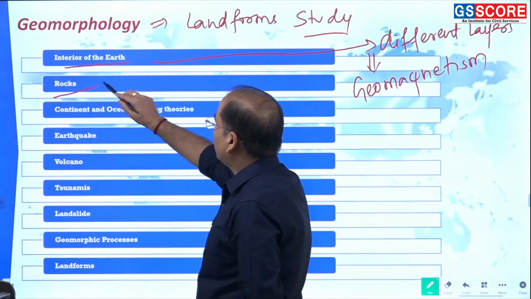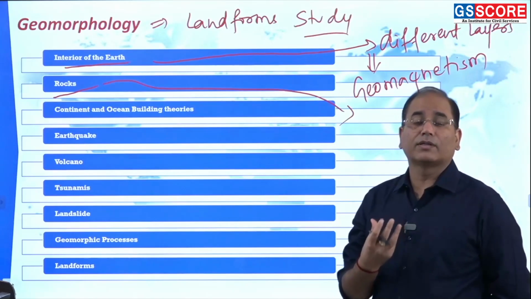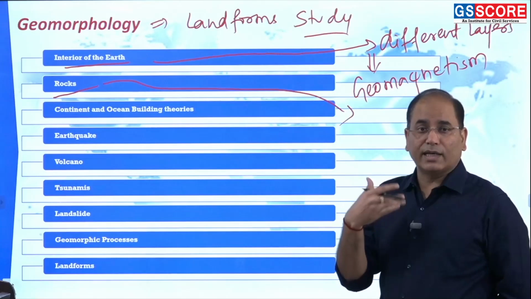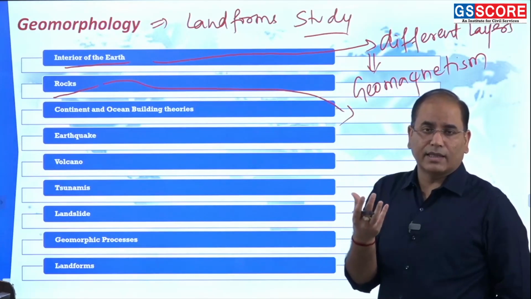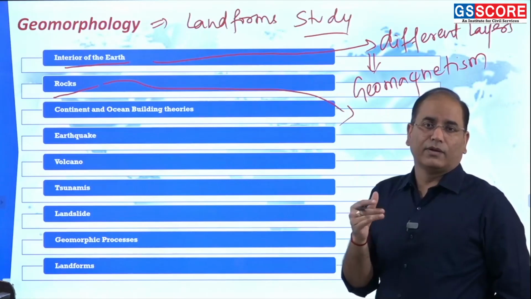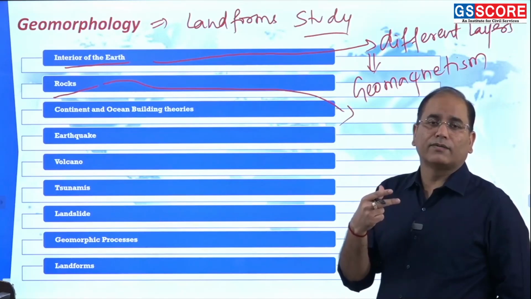Then you also need to study the rocks. The earth is made up of rocks, but there are different types of rocks, and they differ in when they were formed, in which time period they were formed, whether they are hard, whether they are coarse grain, whether they are fine grain.